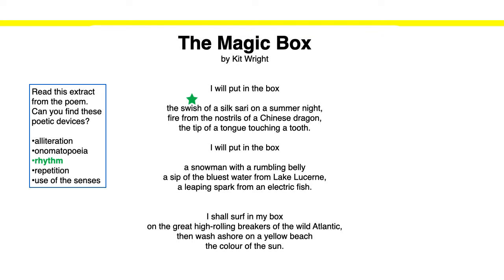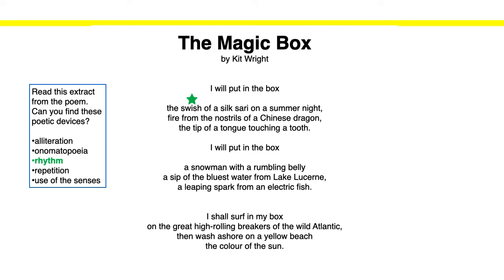That's a rhythm. Each of those lines is a really similar length, and Kit Wright has made sure that he has copied that length in each line so that it repeats.